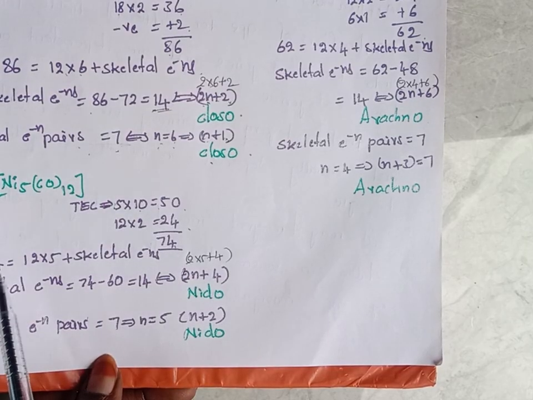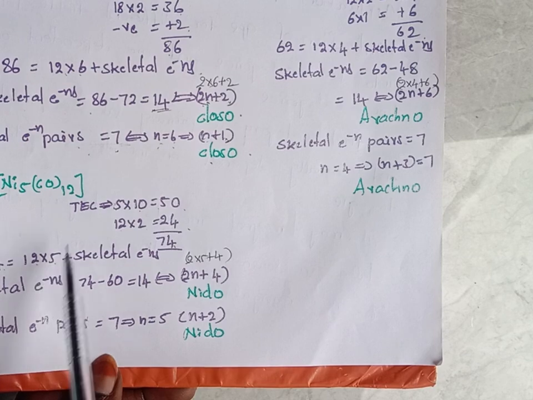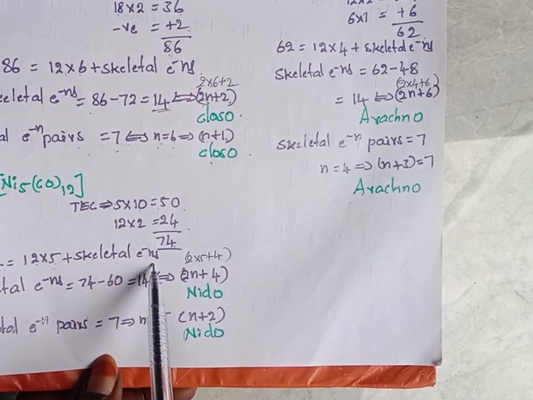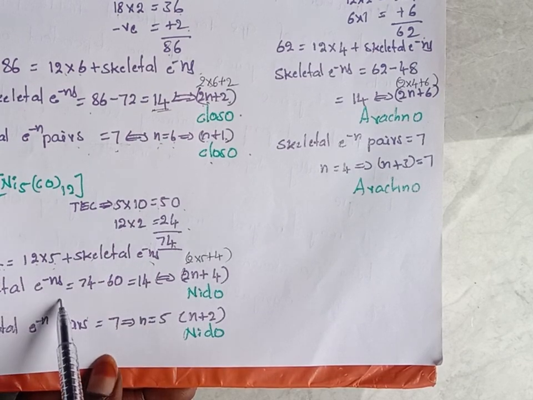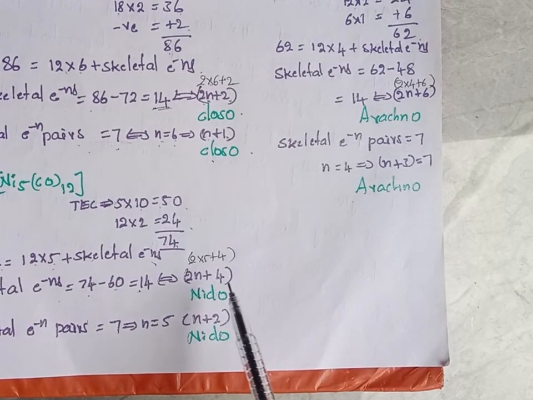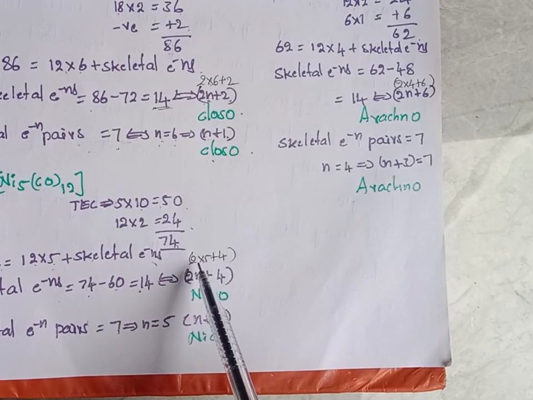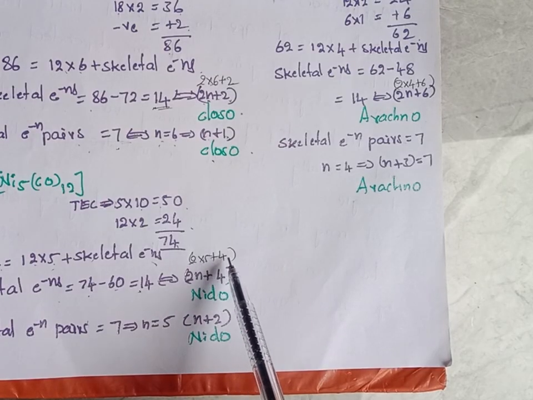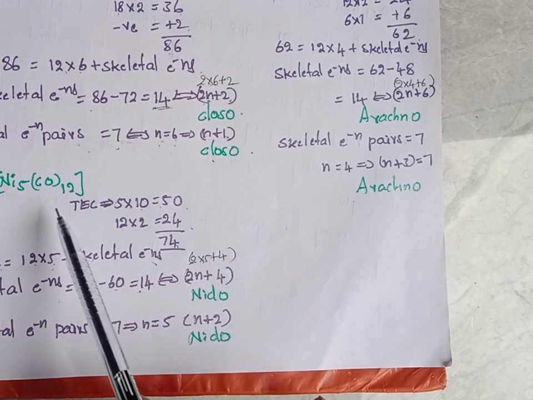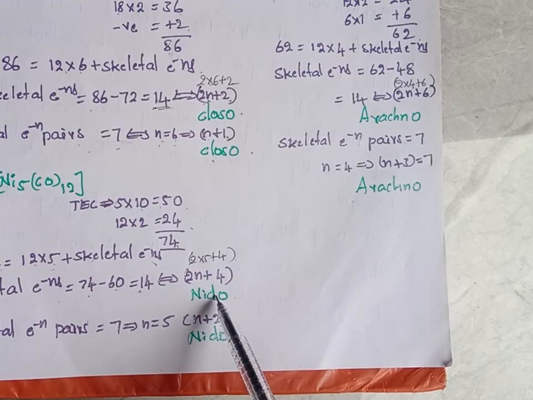So total electrons equals 12 into the number of metal centers, that is 5, plus skeletal electrons. Therefore skeletal electrons will be 74 minus 60, which is 14, and it equals 2n plus 4, where n is 5, right? 2 into 5 plus 4, that is 14. So the structure of the compound will be nido.